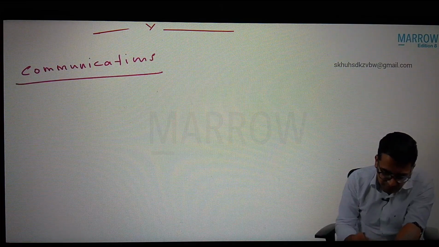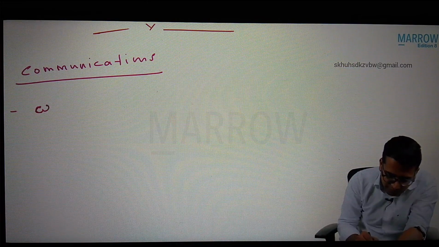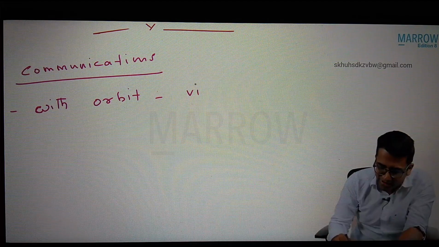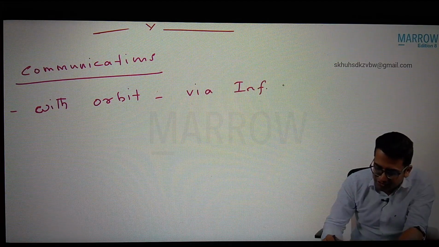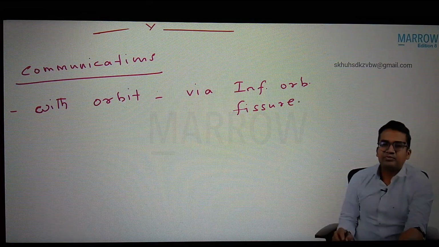Communications. The infratemporal fossa communicates with the orbit via the inferior orbital fissure. Number one, inferior orbital fissure.